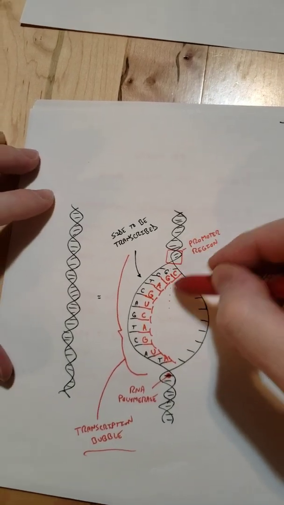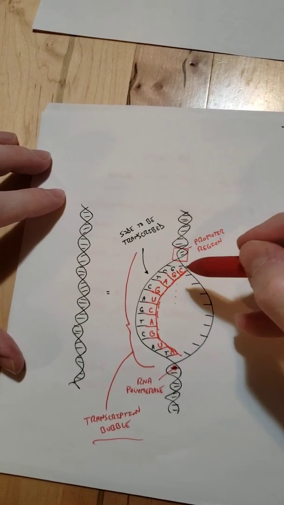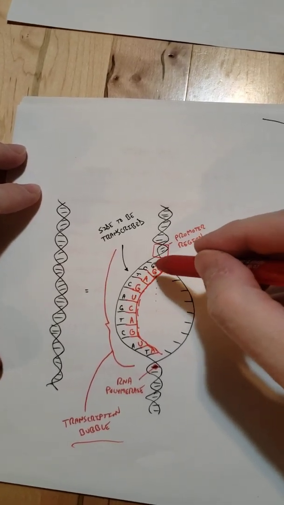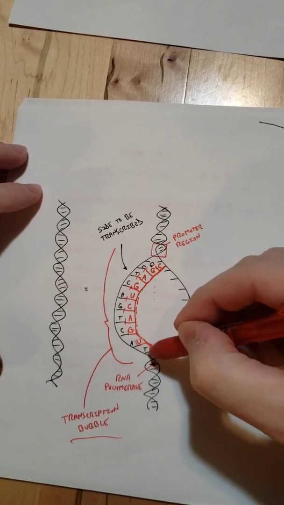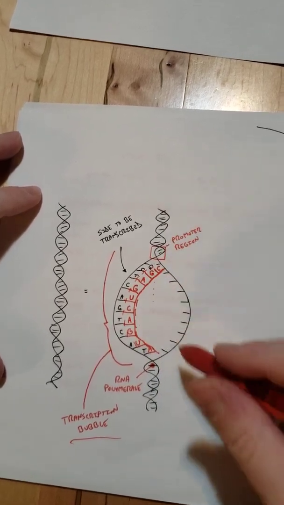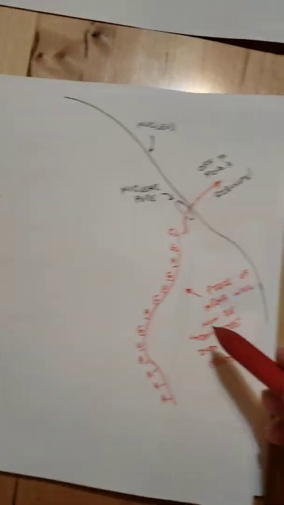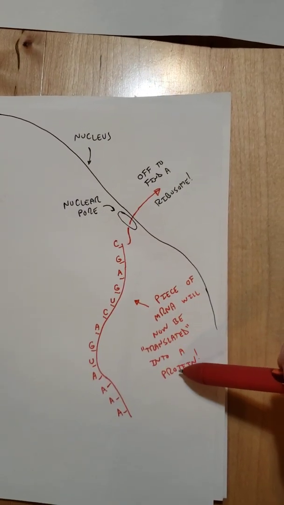And so then after this is complete, all those pieces are going to get connected together like what we saw with replication. Those hydrogen bonds in the middle are going to get broken. And then this little piece of mRNA is going to, and I drew it over here. So this is the piece of mRNA that we're going to have translated into a protein.